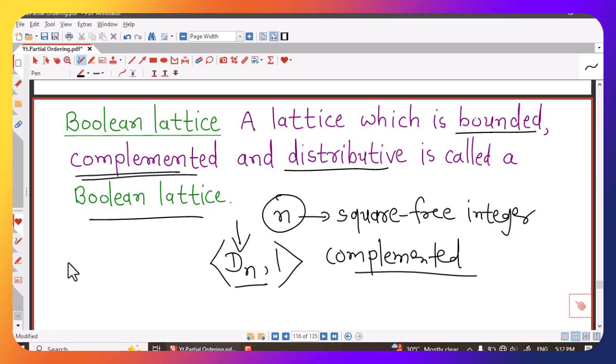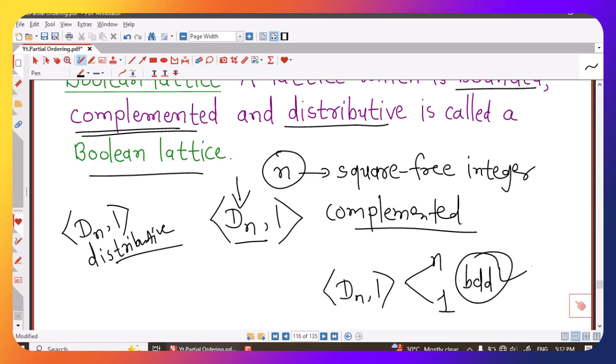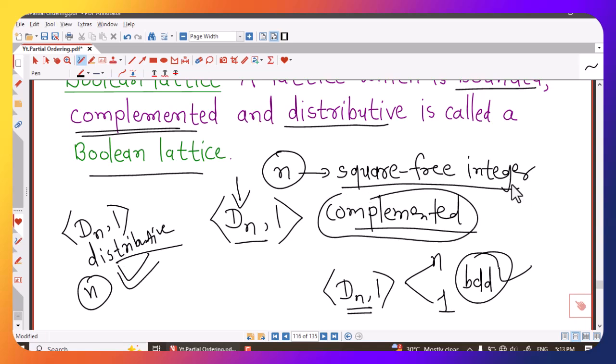We have also seen that this Dn with divides relation is a distributive lattice for any value of n, and we have also seen that this Dn with divides relation has greatest element which is n and least element which is 1. Therefore, this lattice is bounded for every positive integer n, it is distributive for every natural number n, but it is complemented if n is a special type of integer, that is, square free integer.